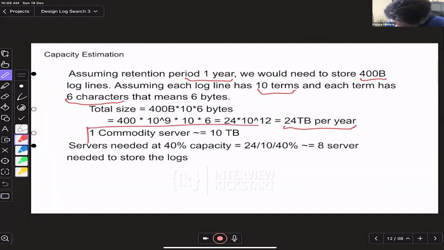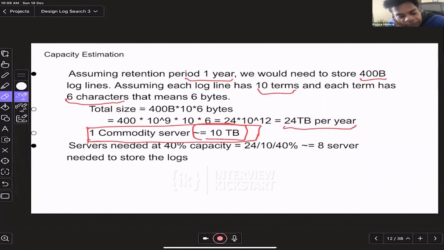Okay. In my previous classes, this is one correction from my side. I mentioned that one commodity server is 100 terabytes. I was looking at the server sizes for AWS and Google Cloud. Usually the 100 terabyte machines are very, very huge, very specialized machines.